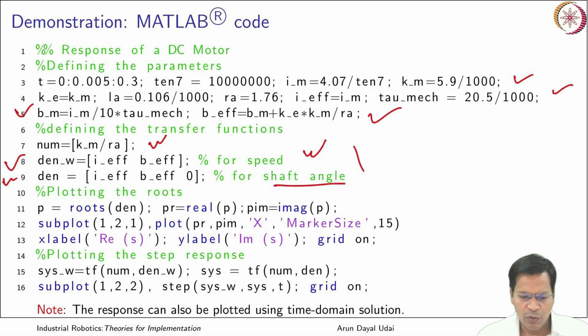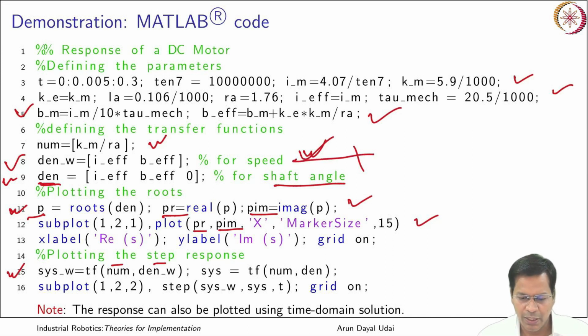So you have the roots of the denominator, which I am storing here for the shaft angle. Real and imaginary parts are segregated here, and I have plotted the real and imaginary parts, that is, the poles. Again for the omega part, that is d theta by dt, the theta dot part, you have a numerator and a denominator given like this for the speed.